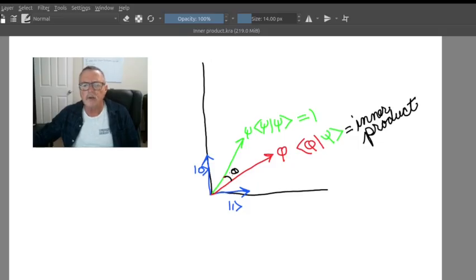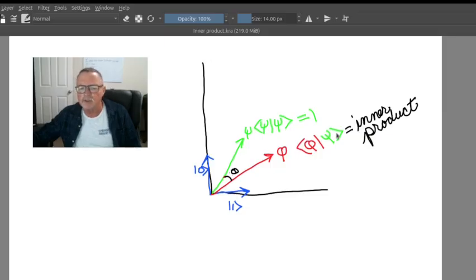Okay, just because we talked about a ray, I've drawn these things a little bit differently. I've got these a little bit longer, so this phi is a ray and this psi is a ray. And I did something here where I introduced this thing called an inner product, where we take this bra vector and the ket vector.